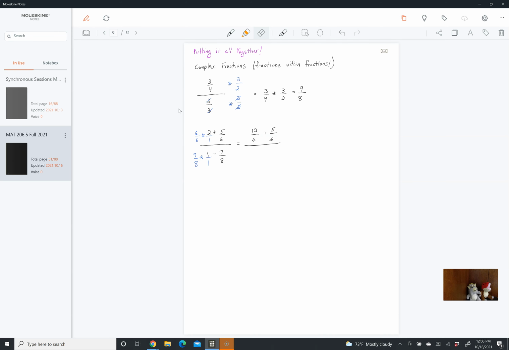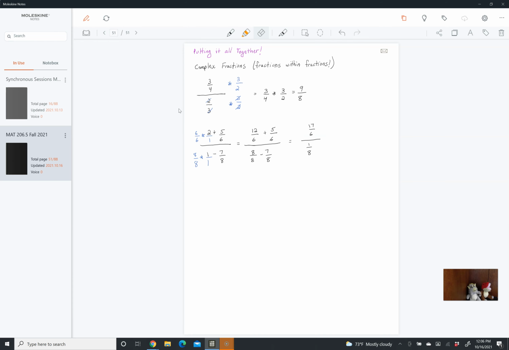And then on the bottom, we get 8 over 8 minus 7 over 8. Okay, well, now we just add, right? So we have 17 over 6 over 1 over 8.